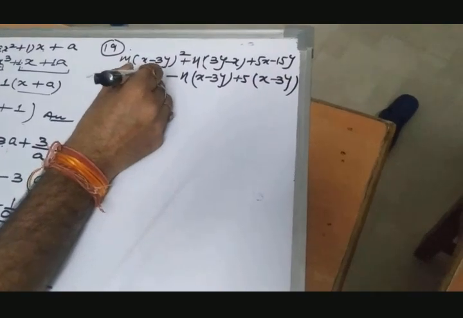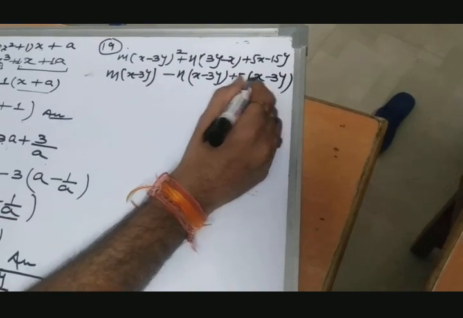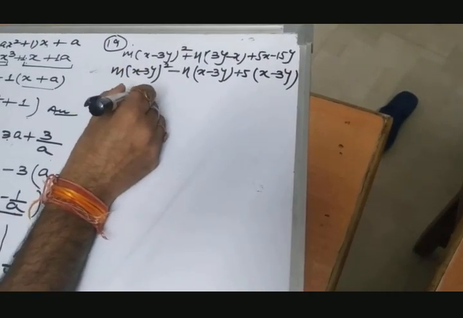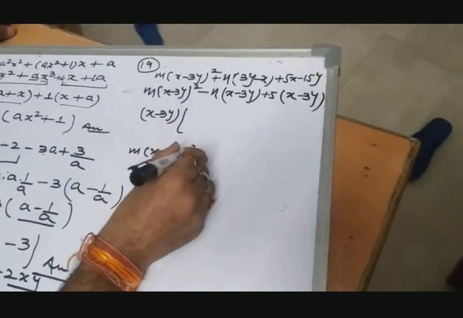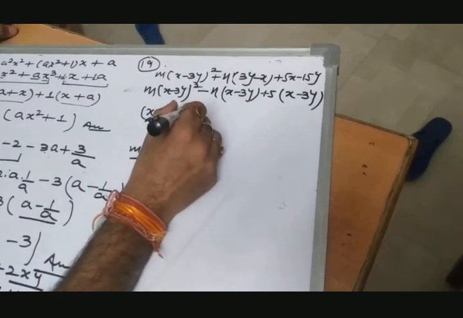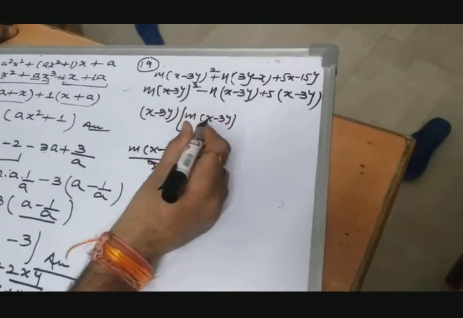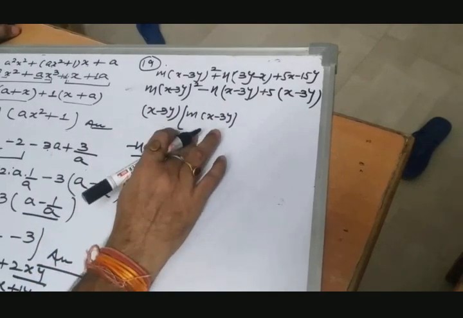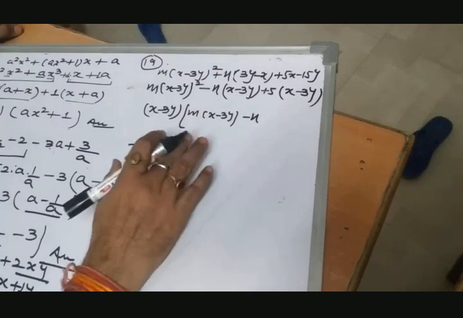Now we see that the first term contains x minus 3y, the second also contains x minus 3y, and the third also contains x minus 3y. So we take x minus 3y as the common. When we divide the whole square by x minus 3y, the answer will be m into x minus 3y. Similarly, dividing the second term by x minus 3y, it cancels and the answer will be minus n.